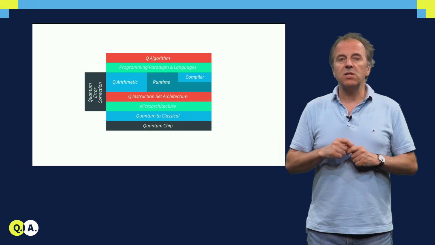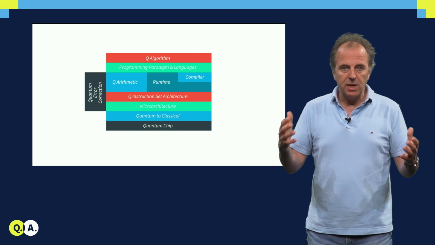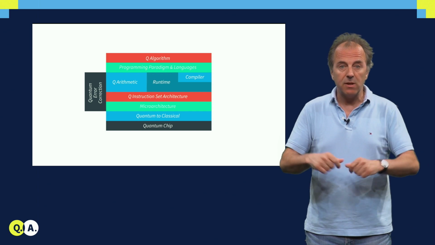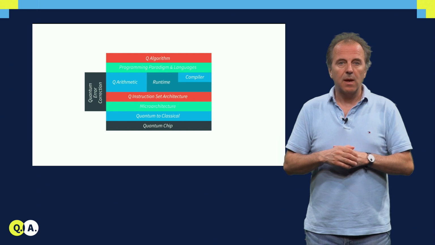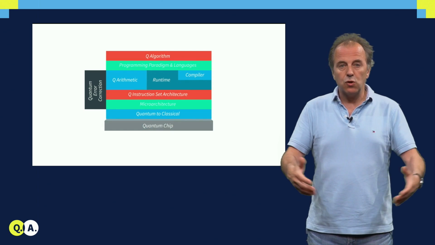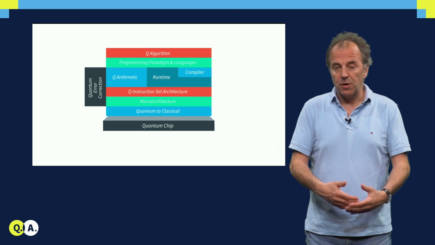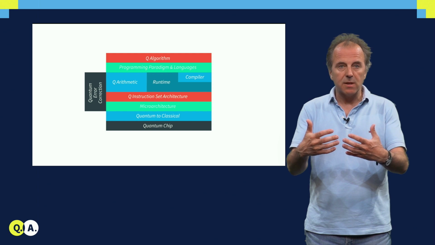So this layer is necessary for translating all of the logical steps that you need to do in your algorithm into the appropriate microwave or physical signal that you want to send to this electron and to the qubit. And then ultimately it enters into the quantum chip, which consists of these qubits which are connected to each other. And then we hope, of course, that we get a meaningful result.